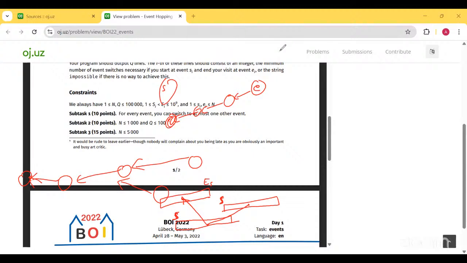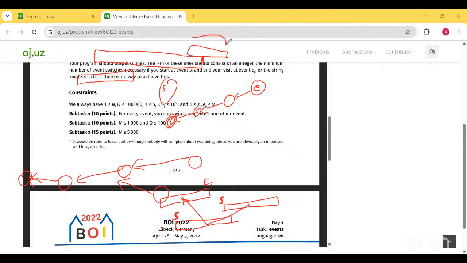If the parent doesn't exist, impossible. Yes. The parent not existing means there is no node starting from this to this. So it means we cannot go further. So it is impossible. Because we always take the farthest, right? So it means we cover these points.